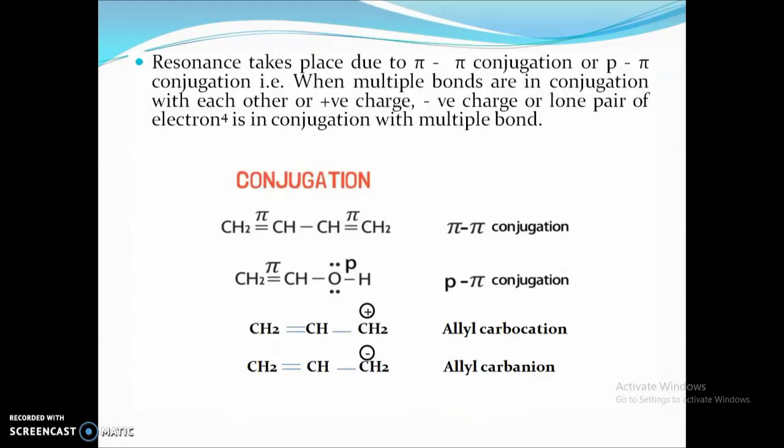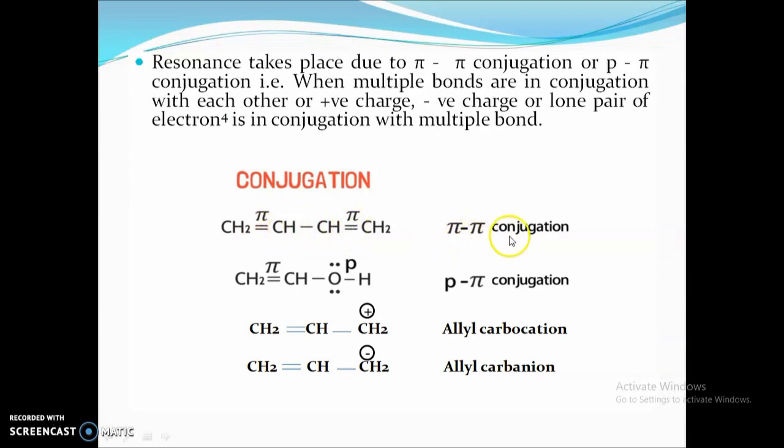Now, this is an important slide. We have to remember when the resonance phenomenon will be there. Just remember, whenever multiple bonds are in conjugation with each other, or either a positive charge, a negative charge or a lone pair of electrons is in conjugation with a multiple bond, then the mesomeric effect or resonance phenomenon will be there. These are the 4 different examples. In the first case, double bond is in conjugation with double bond: double bond, single bond, then double bond.